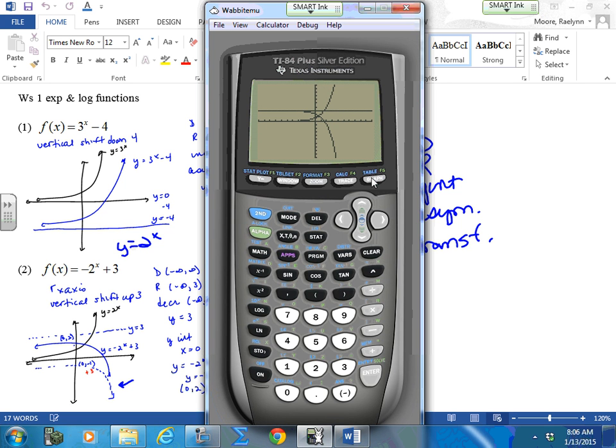Do you see the asymptote now, how it moved? Anything that affects the y affects your asymptote and your range. And because it's a horizontal line, you can put that in your calculator as well. And even though your calculator stops, it's traveling along that line.